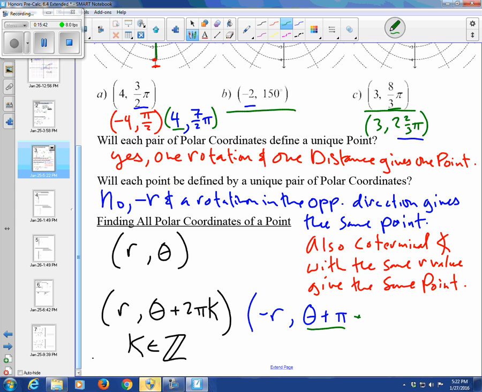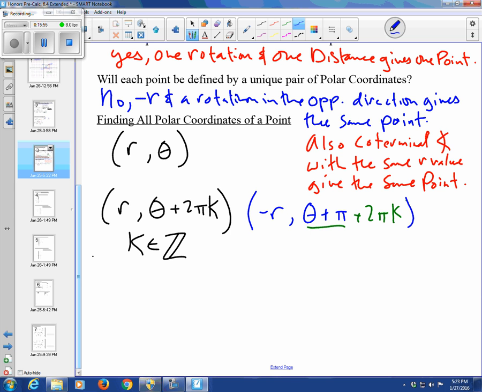So we could say plus 2 pi k would also take us to the same point. If we simplify this a little bit, we can say negative r, and then theta plus (2k plus 1) pi is going to take us to that same point.